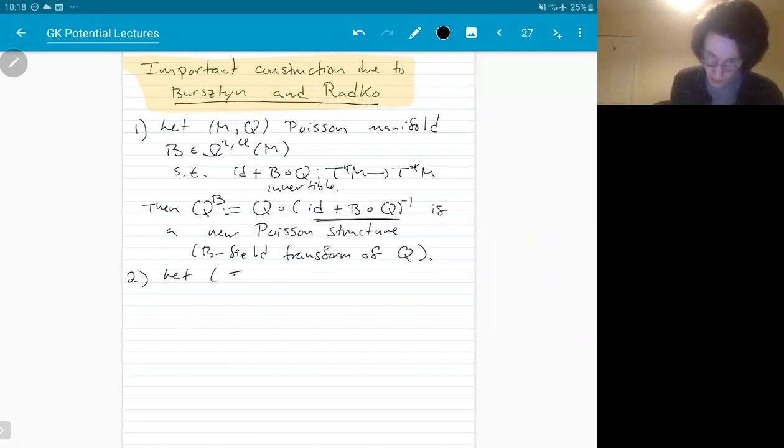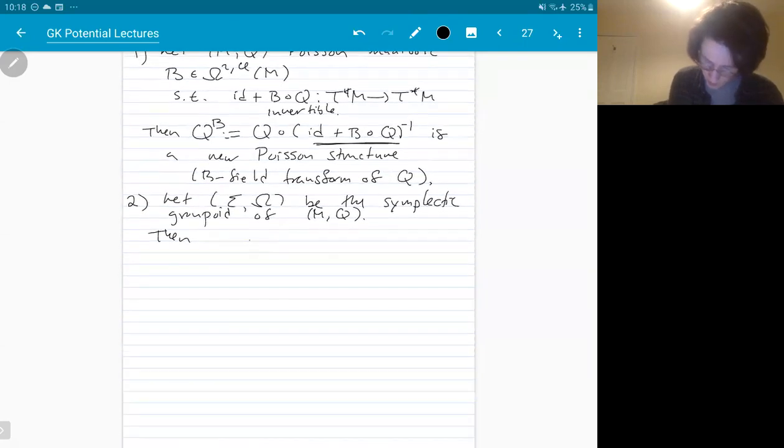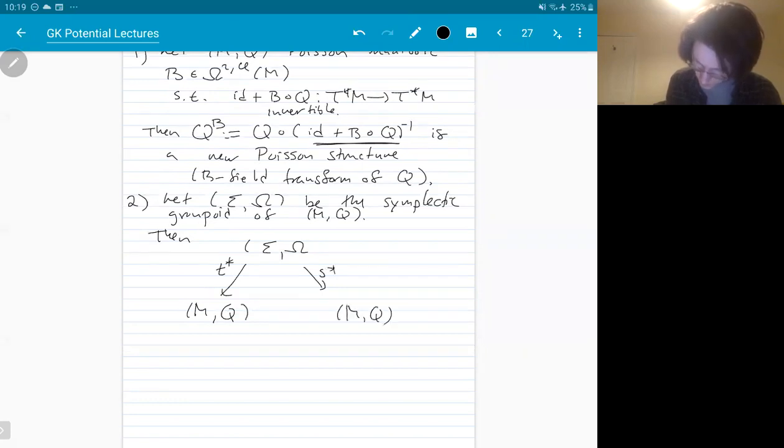You let sigma omega be the symplectic groupoid of M, Q. It has these two maps to M. What you do is pull back B using this map t, and add it to omega.